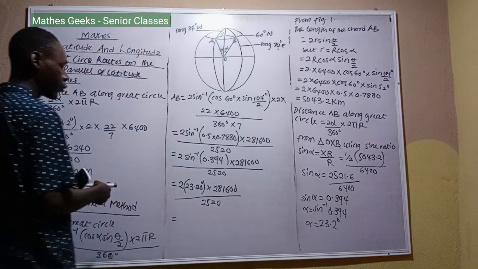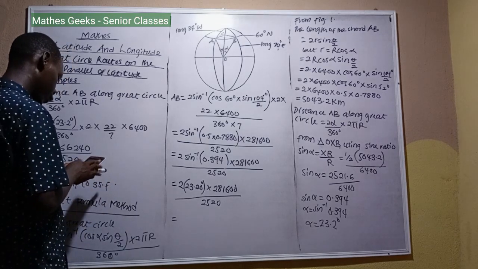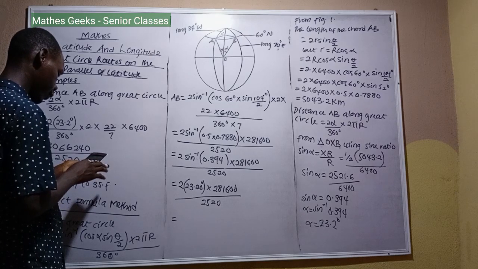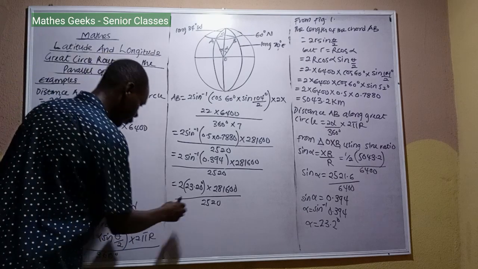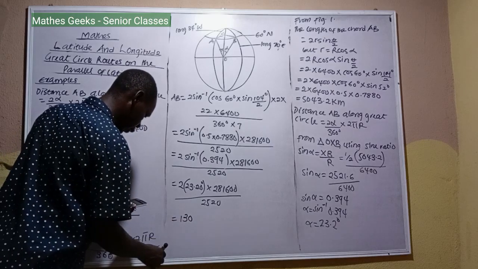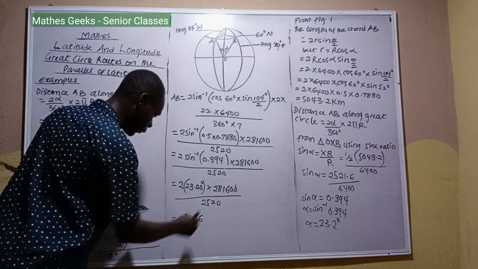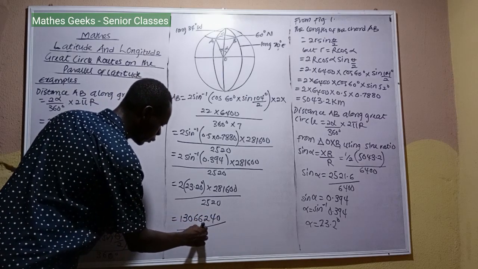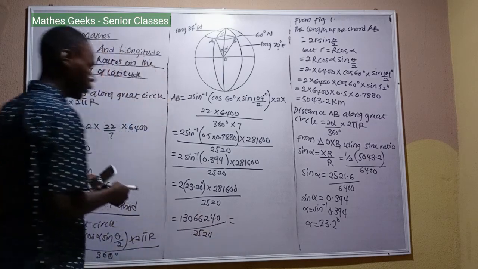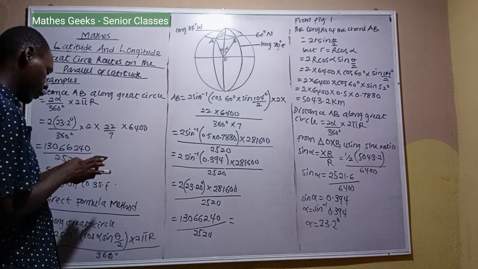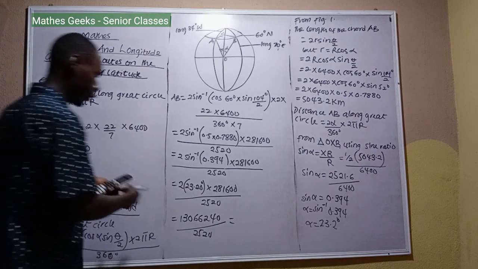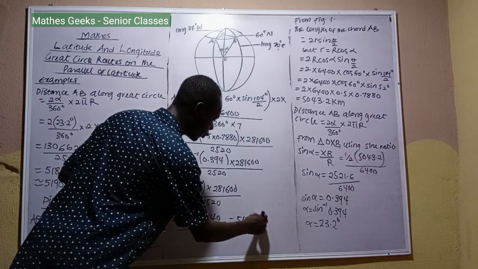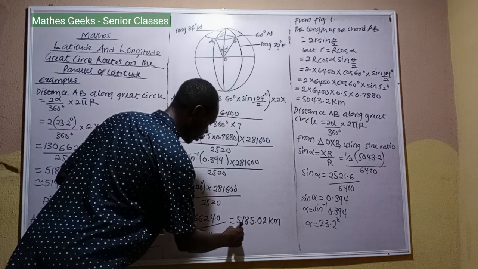So we have here 2 times 23.2 times 281,600. That's 13,066,240 divided by 2520, and that will give us 5185.02 kilometers approximately.